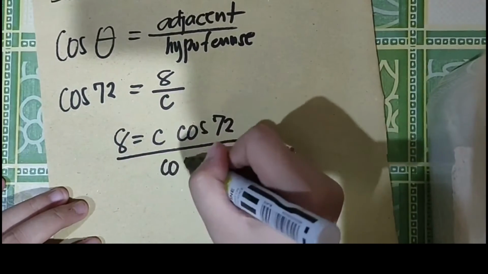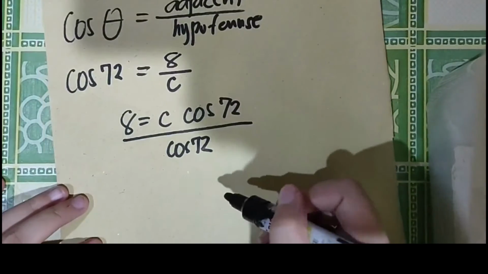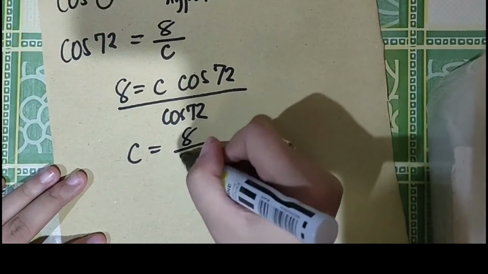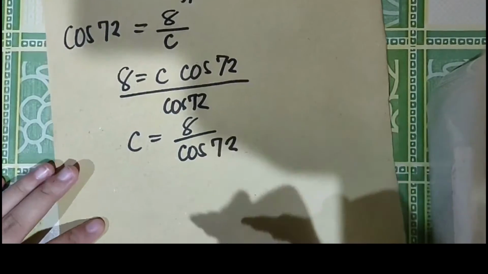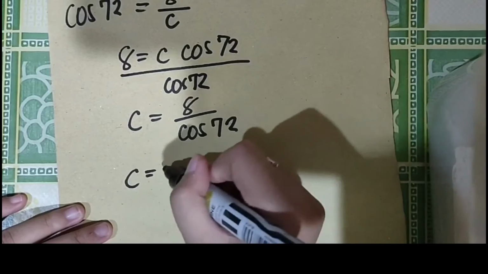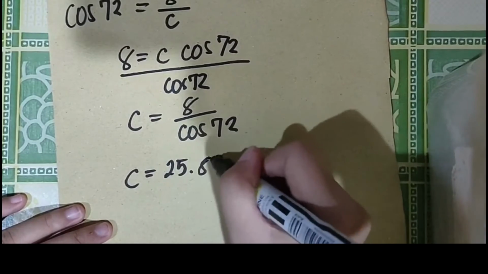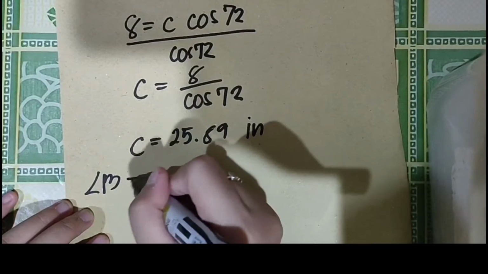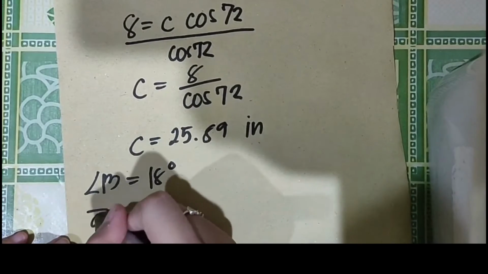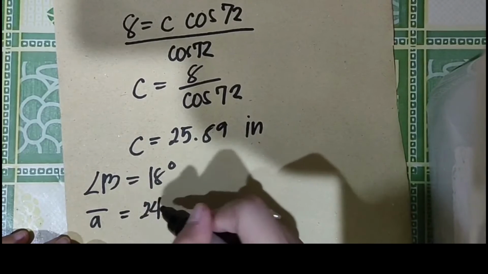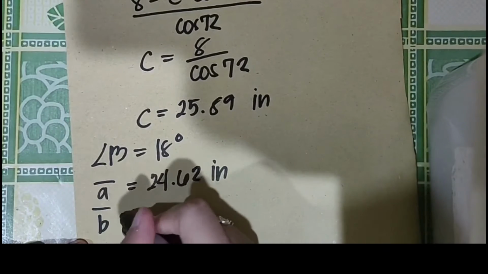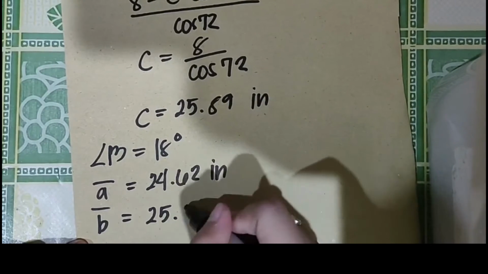Divide by cosine 72 to get C is equal to 8 over cosine 72. C is equal to 25.89 inches. Therefore, angle B is equal to 18 degrees. Line A is equal to 24.62 inches. And line C is equal to 25.89 inches.